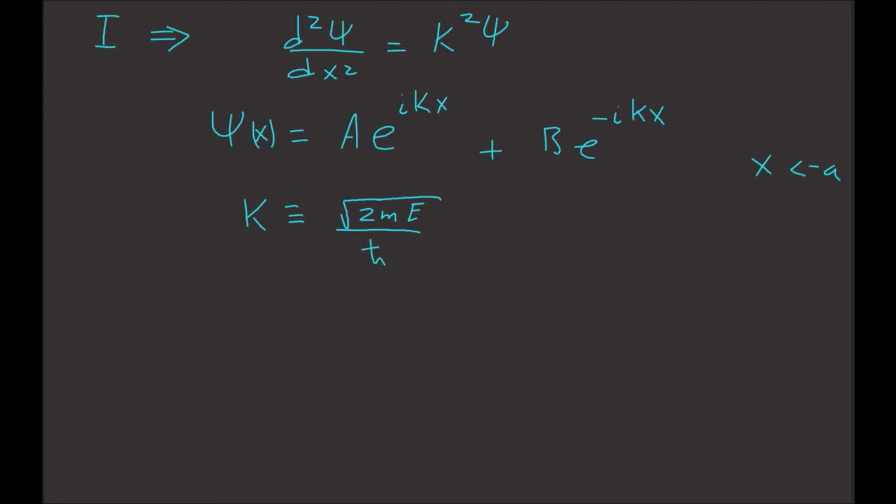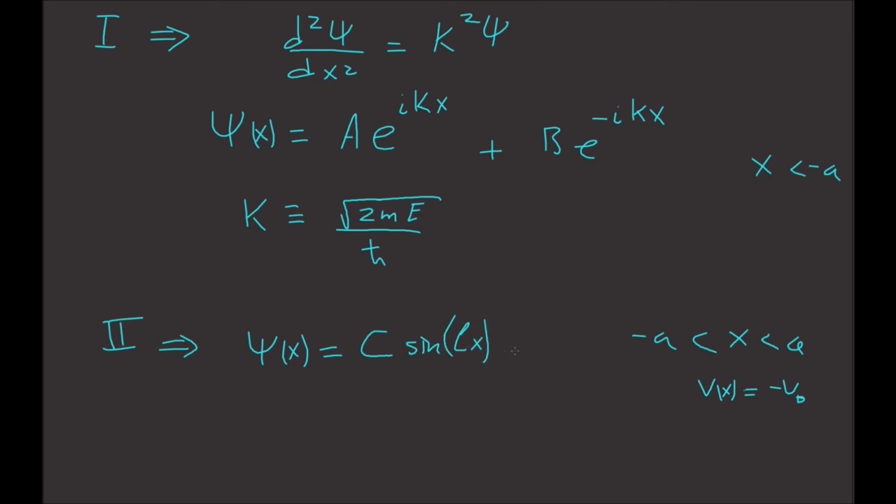So inside the well, where x is between minus a and positive a, we have region number 2. The solution is psi of x equals, this is our potential function, V of x equals minus V naught, so the solution is C times sine of L x plus D cosine of L x.